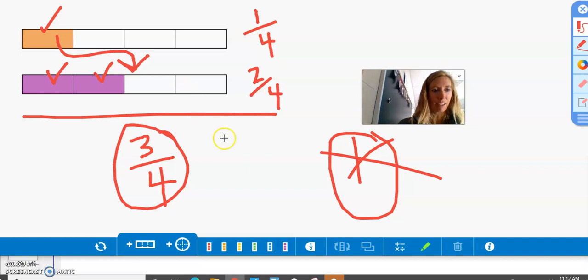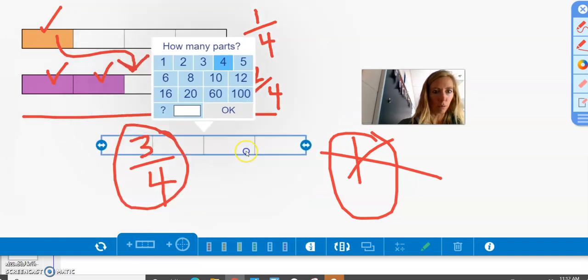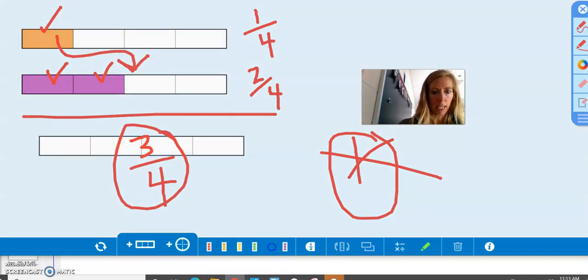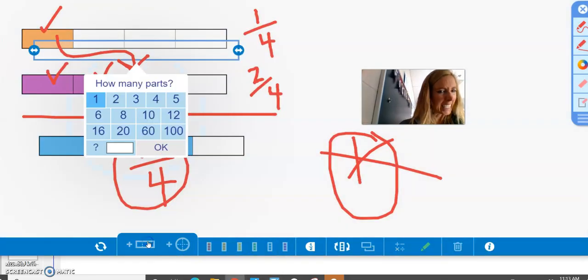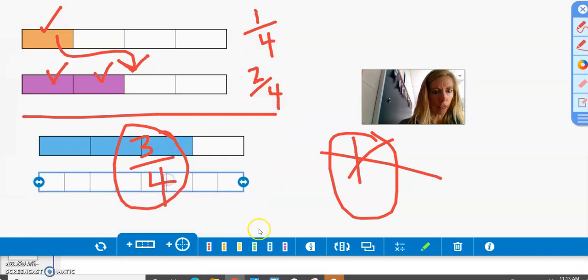No, because if I make what 3/4 looks like, here's 3/4, and I color in 3 of them, 1, 2, 3, is that the same thing as 3/8? So if I make 3/8, are they going to be the same? Cut it into 8. Color in 3 of them. Are those the same? Is 3/8 the same as 3/4?